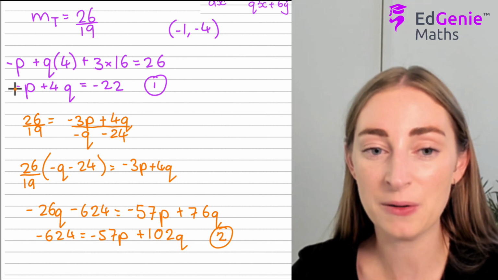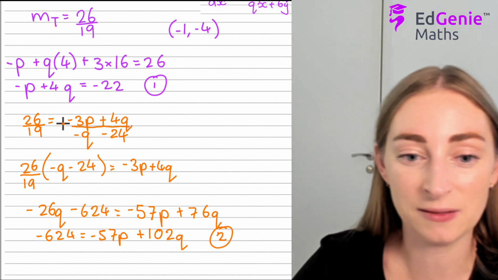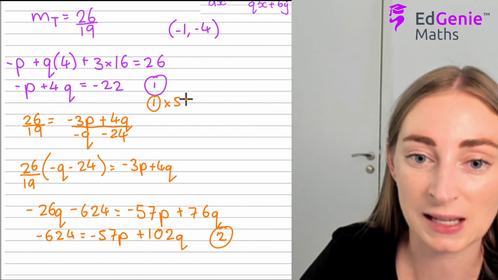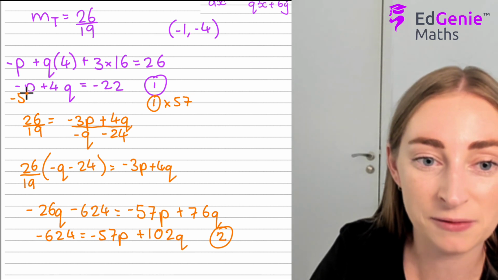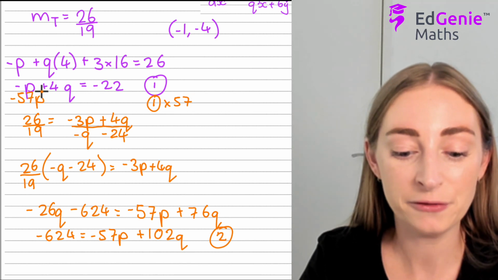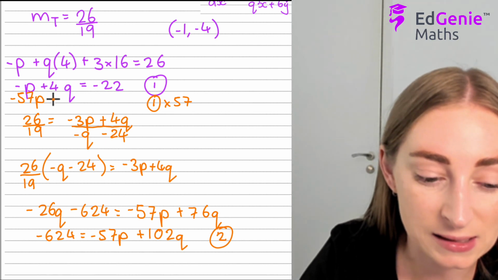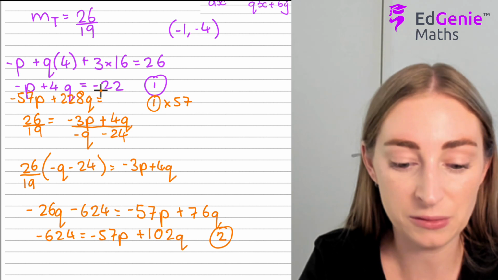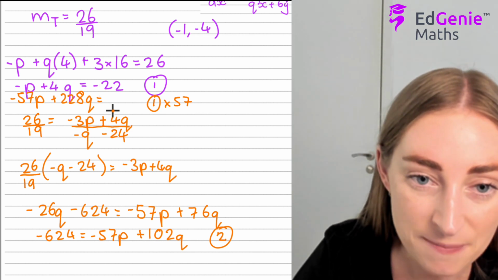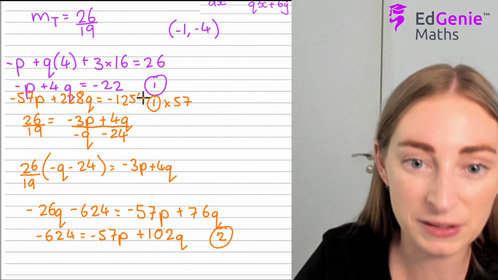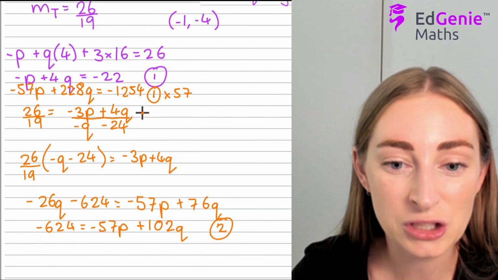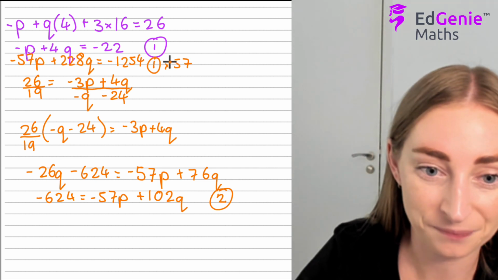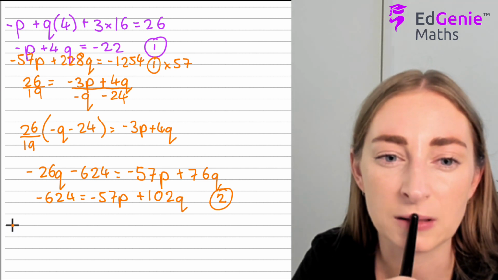So if I multiply all of these terms by 57, so I'm going to do equation 1 times 57, I'm going to get minus 57p. 4 times 57 is 228q. Minus 22 times 57 is minus 1,254. So now I can do this equation, take away this equation. Or should I do it the other way around?